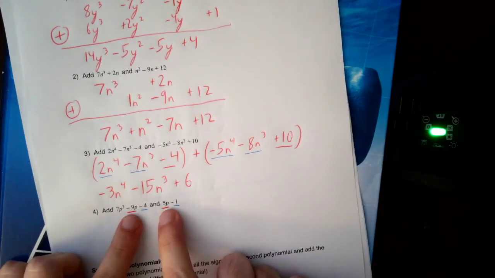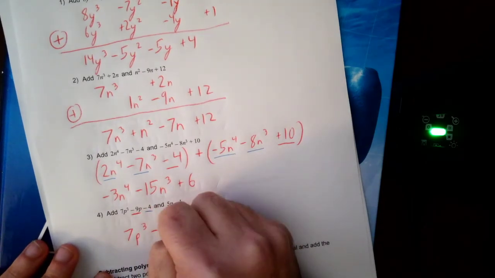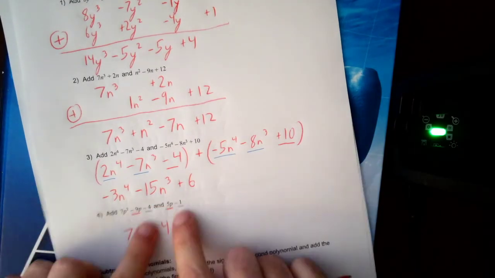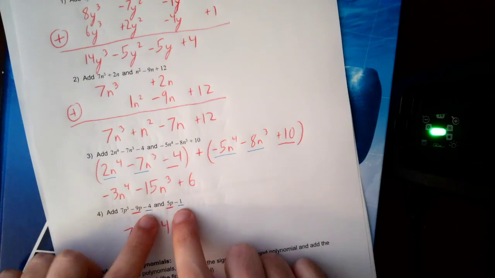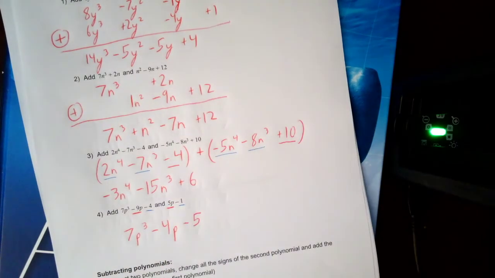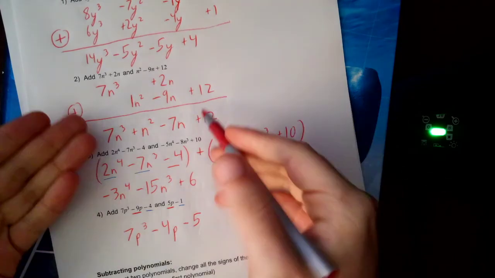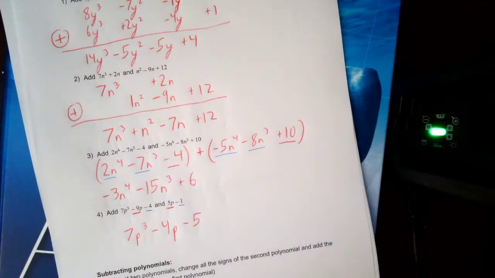Negative 9 and positive 5 add to negative 4, and that has a p on it. And then negative 1 and negative 4, those add to be negative 5. So there's a few different techniques for combining the like terms. Feel free to use the one you're most comfortable with, whether it's vertical or horizontal, totally up to you.